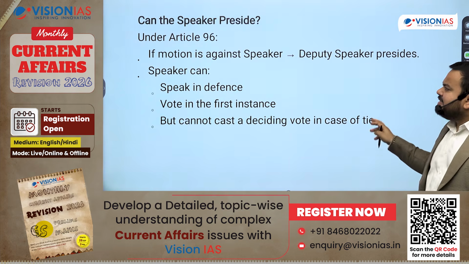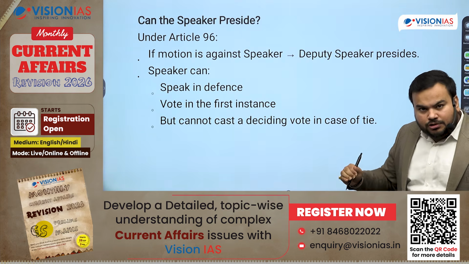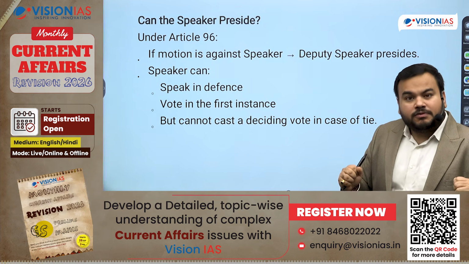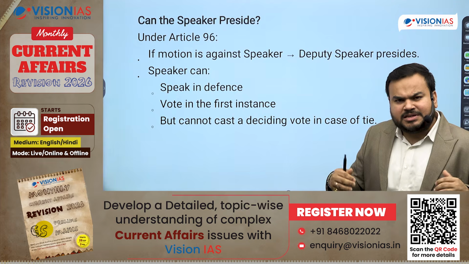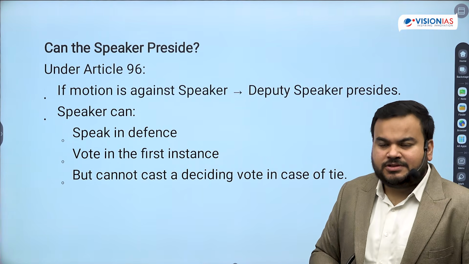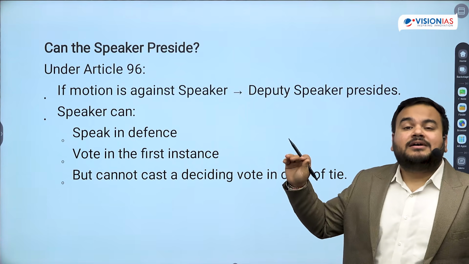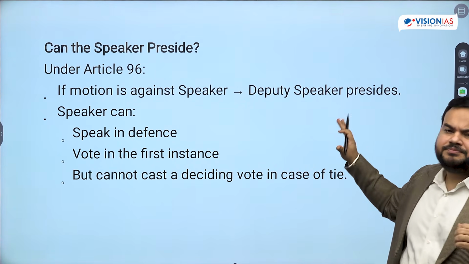Article 96 basically tells that whenever a resolution for the removal of the presiding officer, that is the Speaker of Lok Sabha, is being discussed, he cannot preside over the house. In that case, the house will be presided over by the Deputy Speaker.